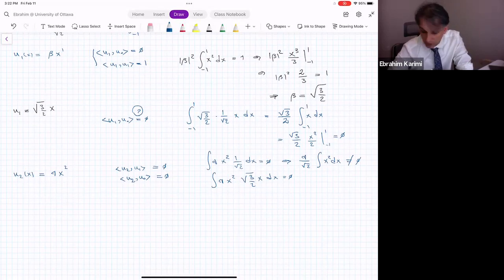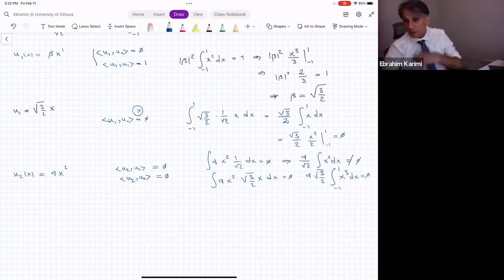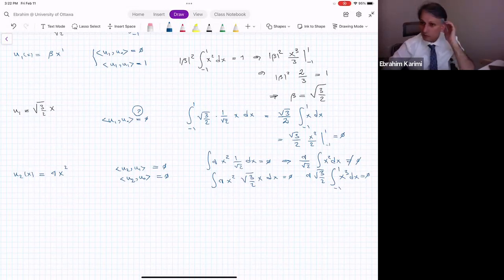While the other one is fine, because the integral of gamma square root of 3 divided by 2 integral of x power of 3 dx from -1 to 1 is 0, because the outcome will be x power of 4 divided by 4, and this is an even function, therefore what you will find is definitely 0.